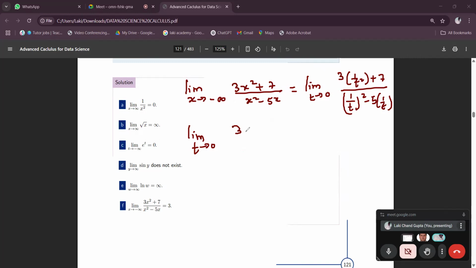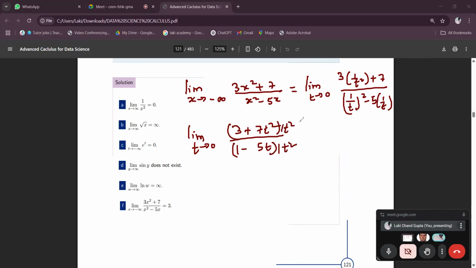Do cross multiply, you will get 7t square, and this is 1 minus 5t upon t square, upon t square, and this is upon t square.